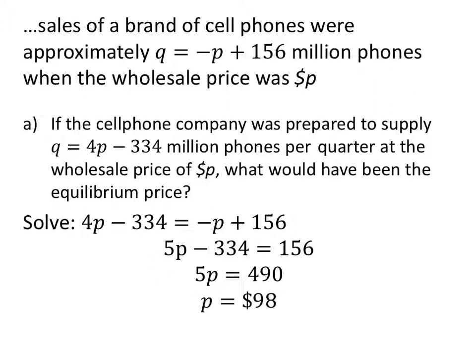To get the P by itself, I'm going to add 334 to both sides. 334 plus 156 is 490. So 5P equals 490. I'm going to divide both sides by 5. The price is $98. So this says, if these cell phones were sold for $98, we would have had equilibrium. The supply would have kept up exactly with demand.